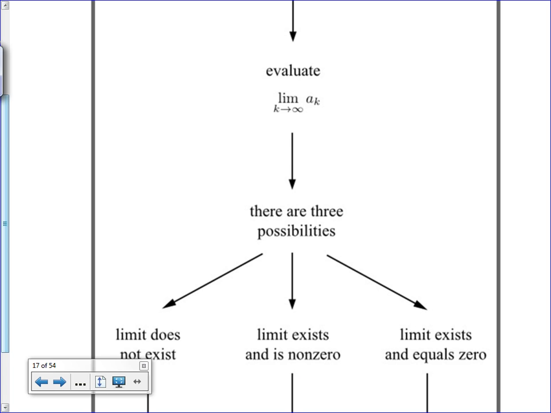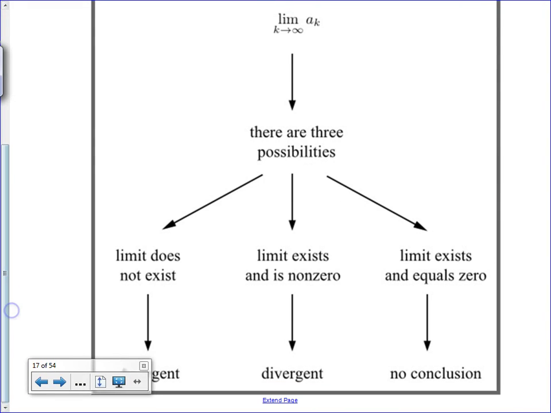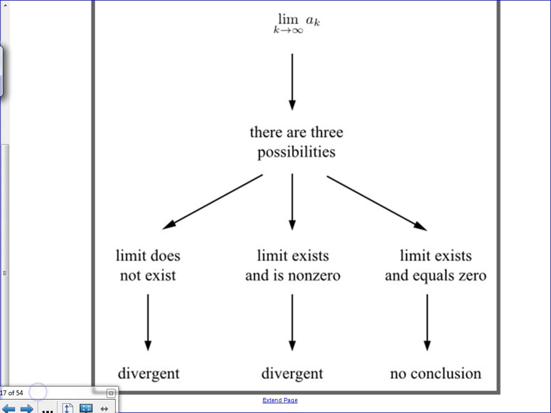So see if the sequence converges or diverges. Not the sums, but the sequence. If the limit does not exist, divergent, right? Because it's not 0. If the limit exists and is non-zero, if the limit equals 1 or 5 or e or pi, divergent, not 0. If the limit is 0, I don't know, neither do you.